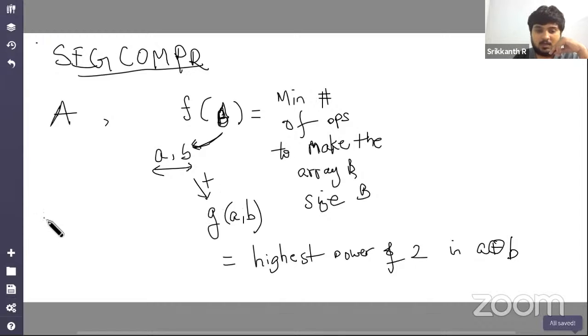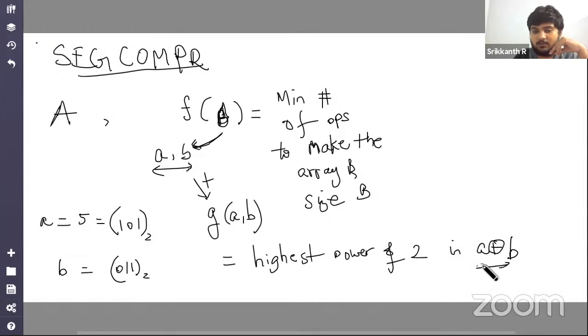So let's say a is 5, or in base 2 it's 101, and b is 3. Then a XOR b is 6, and the highest power of 2 in it will be 4, because the highest power of 2 that's less than 6 is 4.